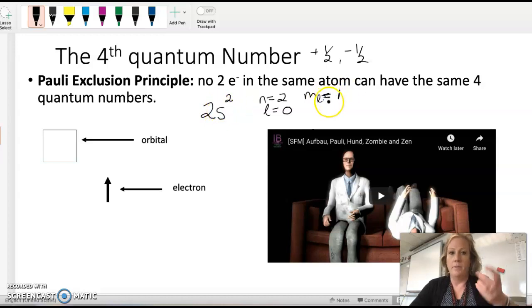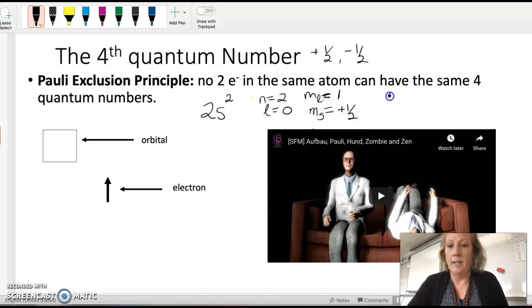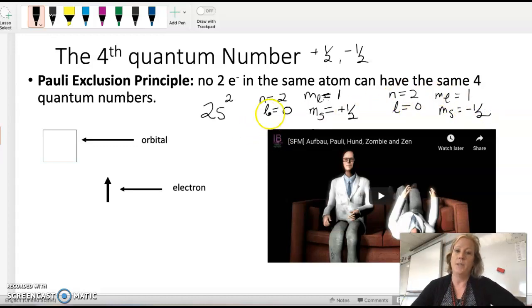It can only be one orientation. And then the last quantum number for one of these electrons is going to be plus 1/2. The second electron would have all the same quantum numbers, but the fourth one would make it so they don't have exactly the same four. So no two electrons can have the same four quantum numbers.